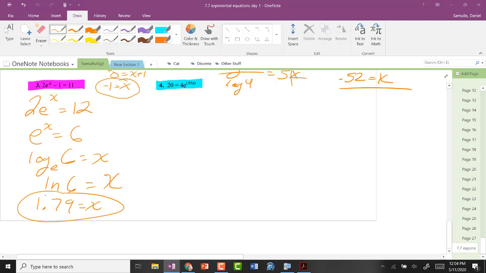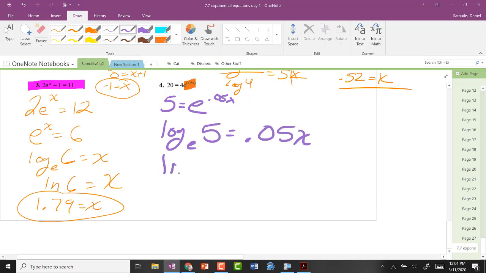And last but not least, here we go. So e to the 0.05x, that is my base. So I'm going to divide by 4, which gives me e to the 0.05x equals 5. Convert to a logarithm. Log base e of 5 equals the exponent.